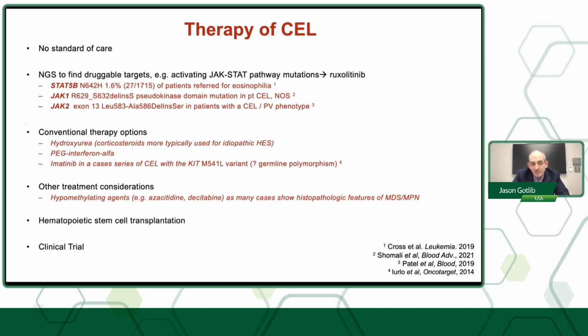Conventional therapies have included hydroxyurea, interferon alpha, or imatinib, although again, I think that most responses with use of imatinib really reflect nonspecific myelosuppression, and again, hypomethylating agents because of the overlap with MDS/MPNs. In the absence of those therapies being available or effective, one could consider transplant, or of course, putting patients on a clinical trial.